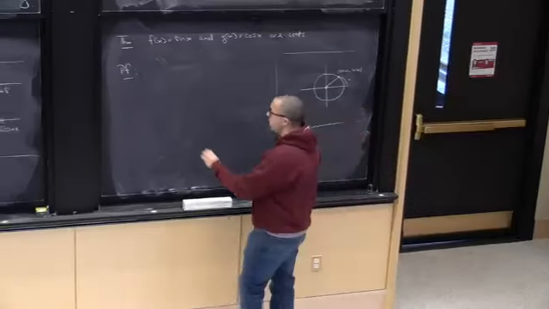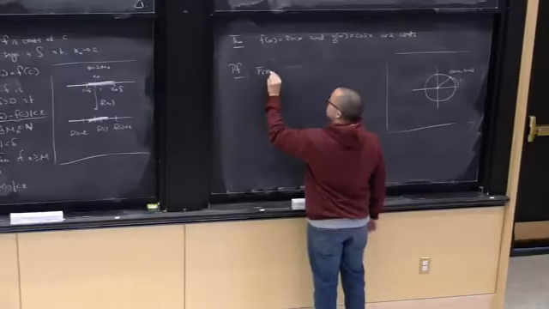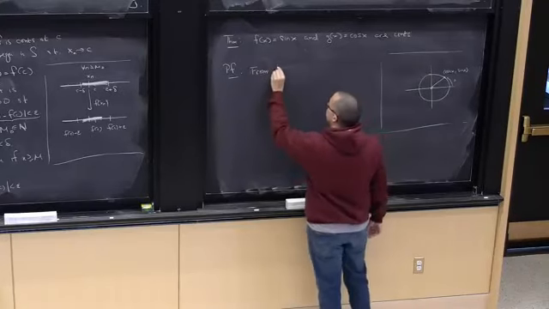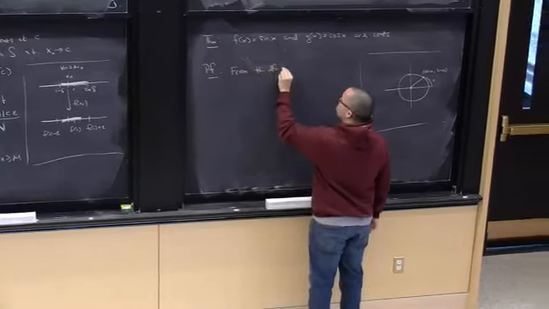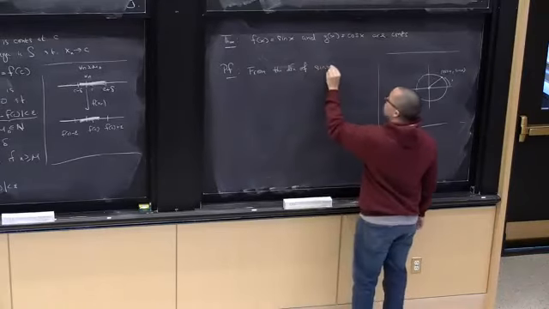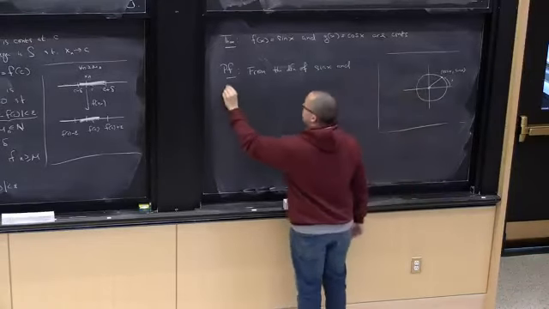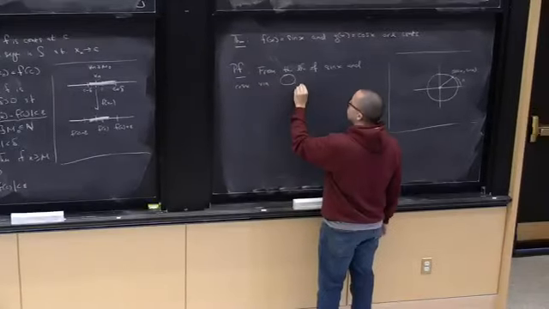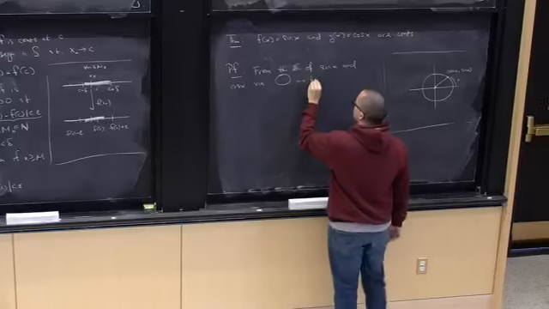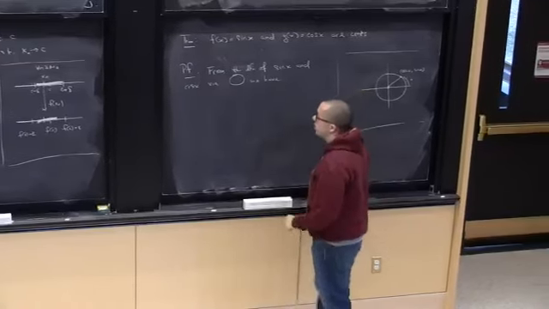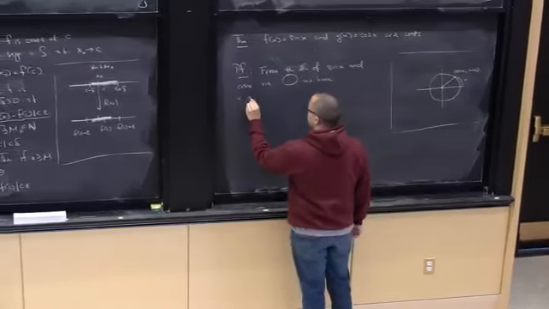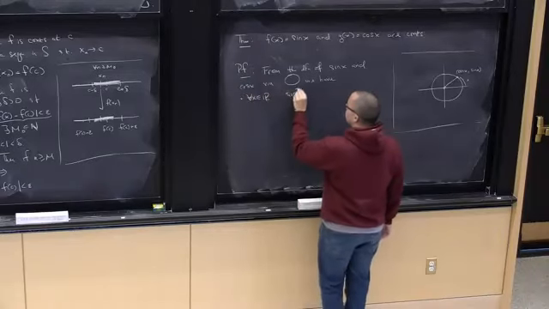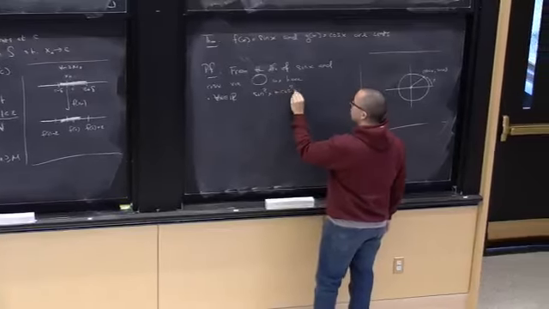Now, I'm not going to prove these because this is trig, not analysis, but from the definition of sine and cosine from the unit circle, we have that, of course, for all real x, sine squared x plus cosine squared x is equal to 1.